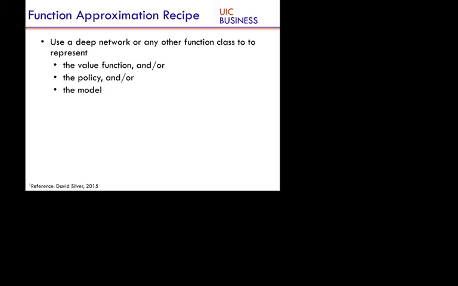So we'll use some function class to represent either the value function or the policy function or the model. Okay, and because we looked at Q-learning, we're going to try to approximate the Q value function.